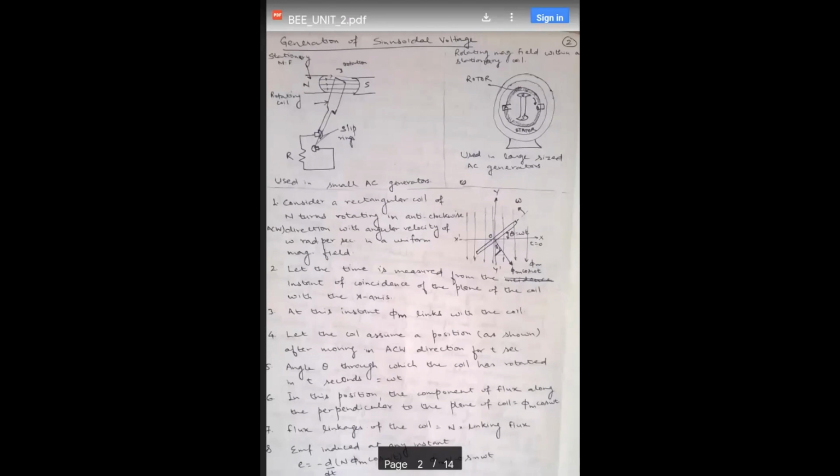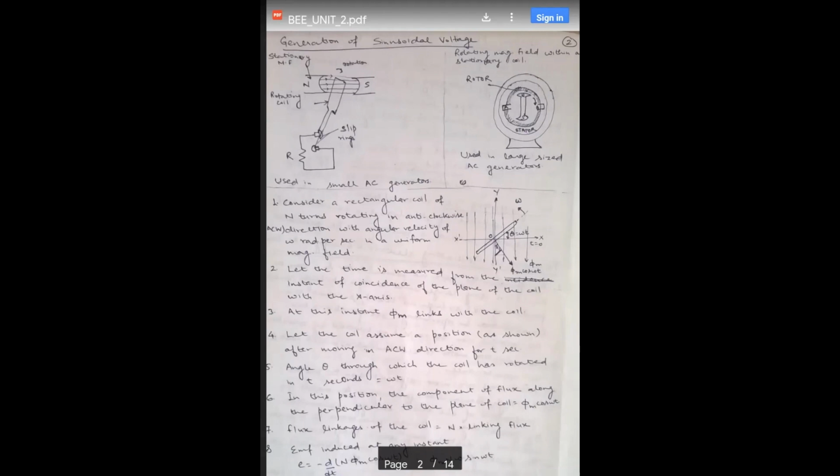So when we talk of the relative motion between the magnetic field and the electric field, either the magnetic field can be stationary and the electric conductors are moving, or the electric conductors can be stationary and the magnetic field is moving.